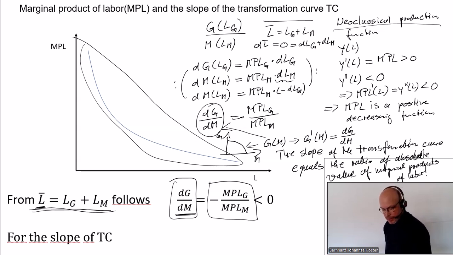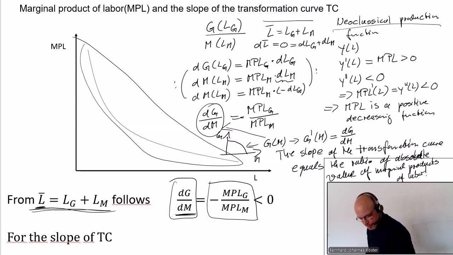And this is similar to what you have learned in microeconomics, where you said the slope of the indifference curve is minus the ratio of the marginal utilities of the two goods, if you remember this.